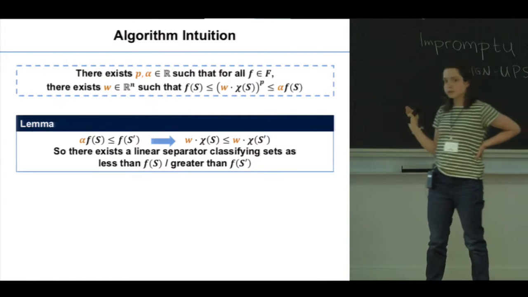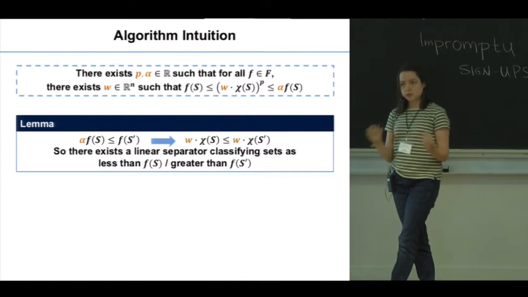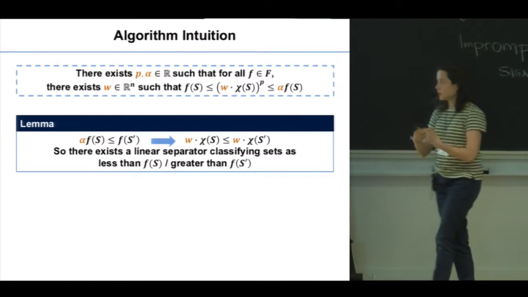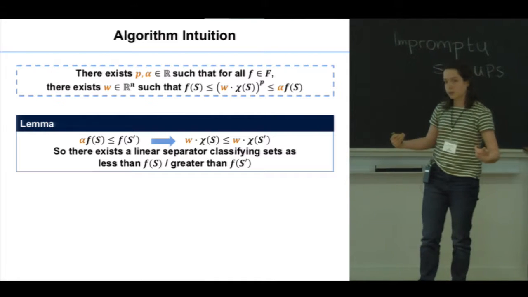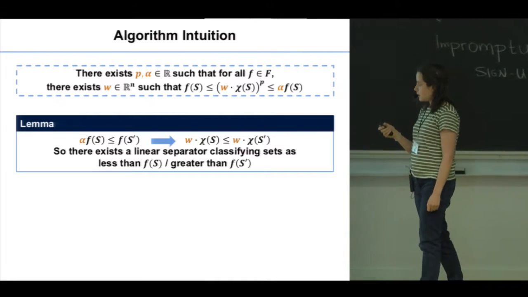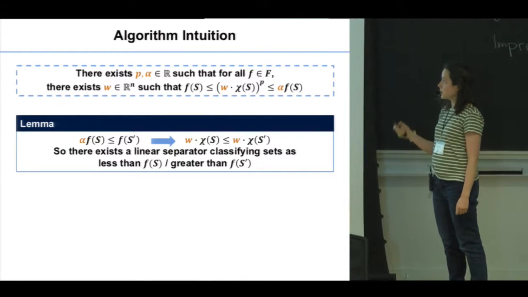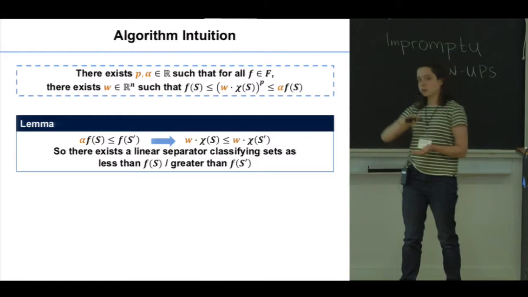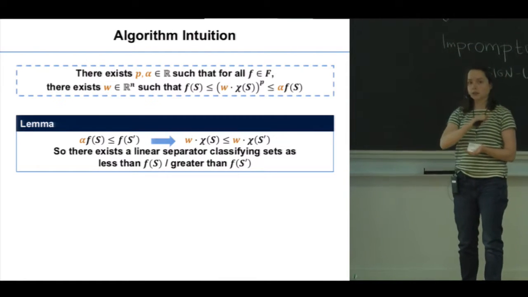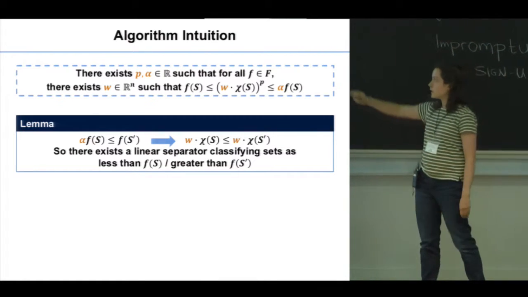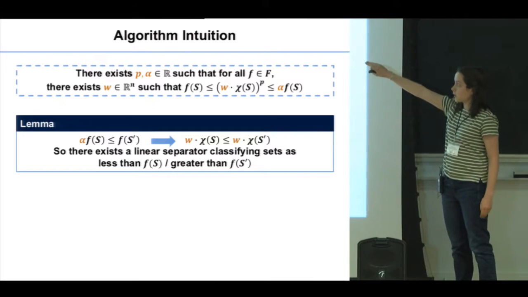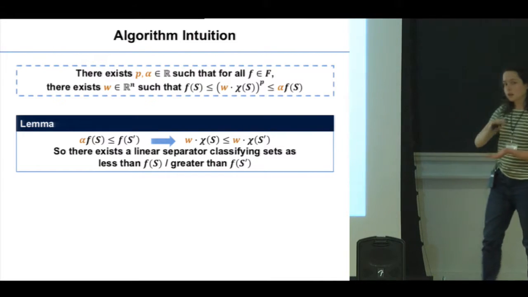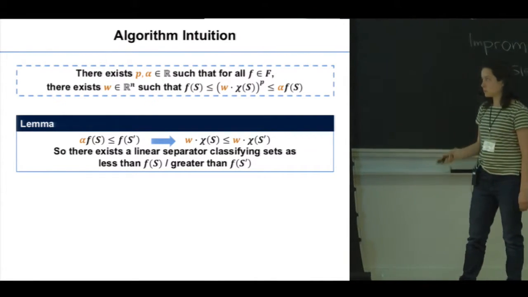It's not hard to show that if I have two subsets S and S prime that are separated by a multiplicative factor of alpha, then if I take the corresponding weight vector w and dot it with chi of S, the characteristic vector of S, that value is going to be at most that weight vector dotted with chi of S prime.